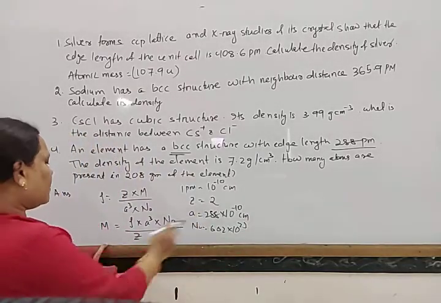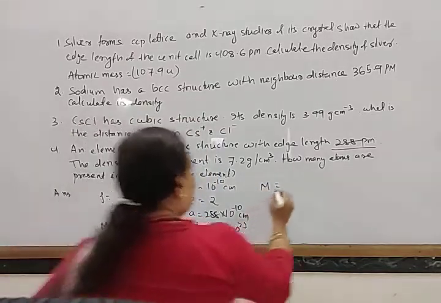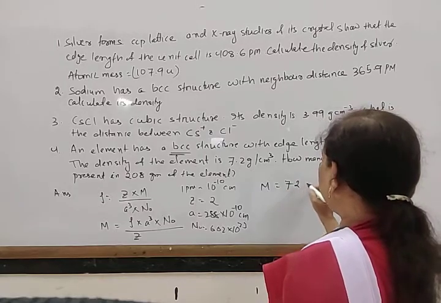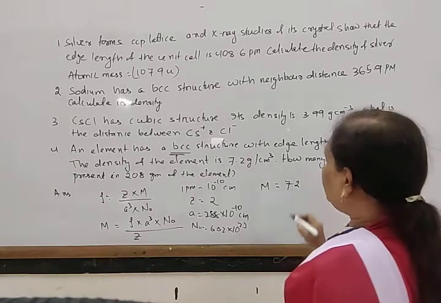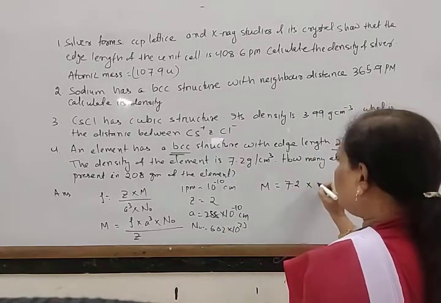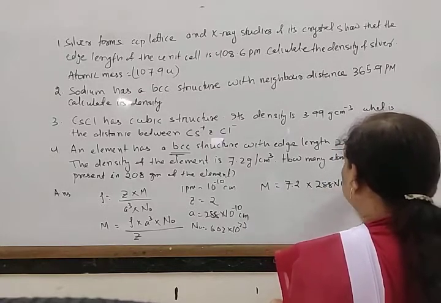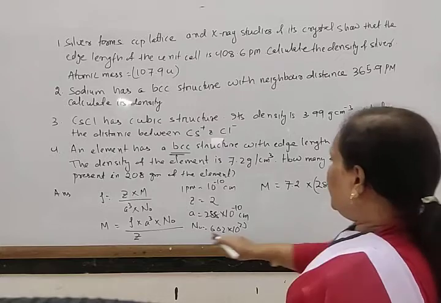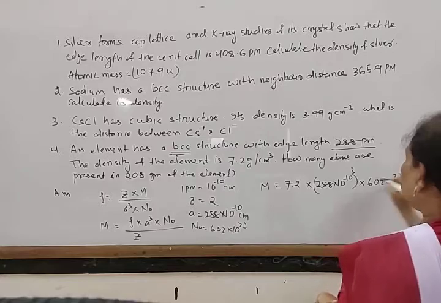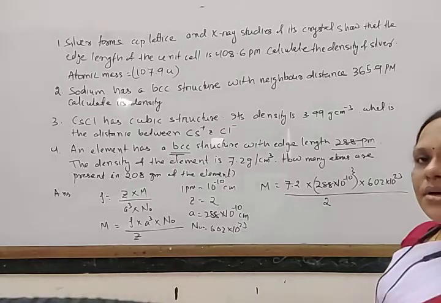So substituting all these values in this equation, we find M equal to density given 7.2 into given a, that is 288 into 10 to the power minus 10 cubed, and given N0 6.02 into 10 to the power 23, divided by Z equal to 2.